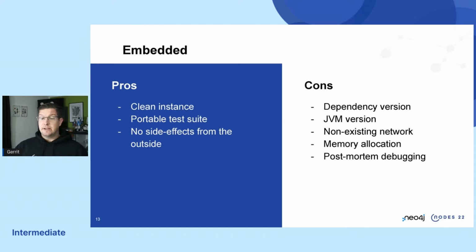Another problem: if you got this running somehow, so you made clear which versions you want to use, you settled on one JVM version, and you have started the embedded instance with your test suite, you will be faced with a non-existing network. What seems to be a pro argument for embedded systems might also be a contra argument, because the non-existing network does not tell you where your data right now is.